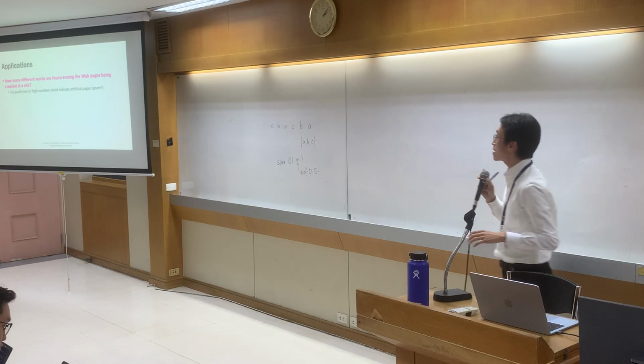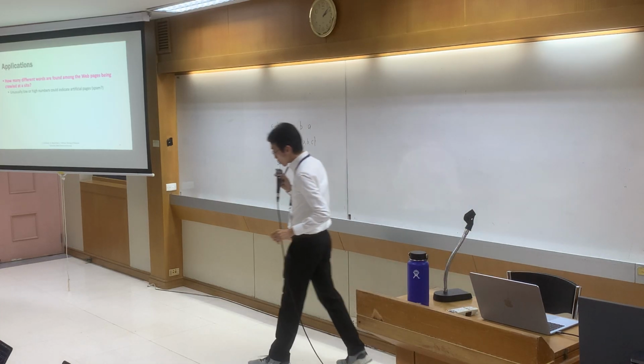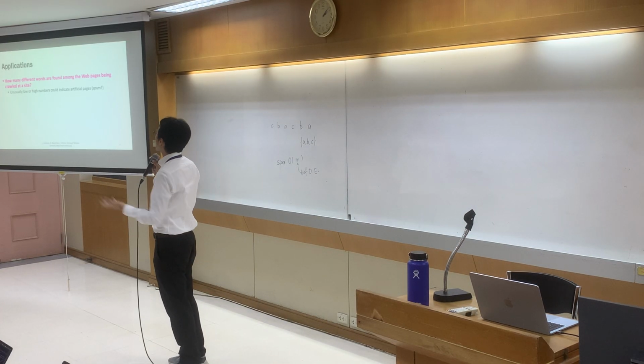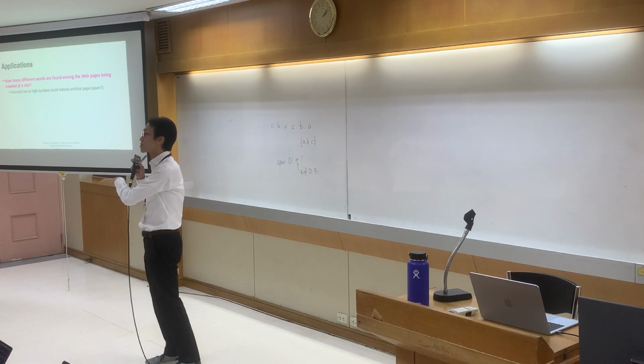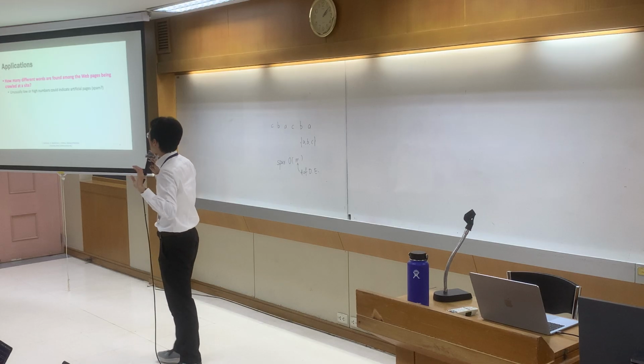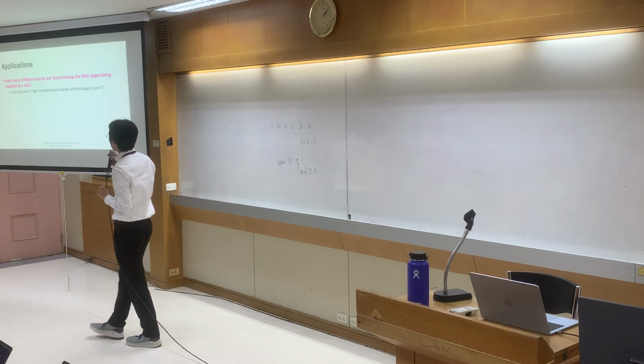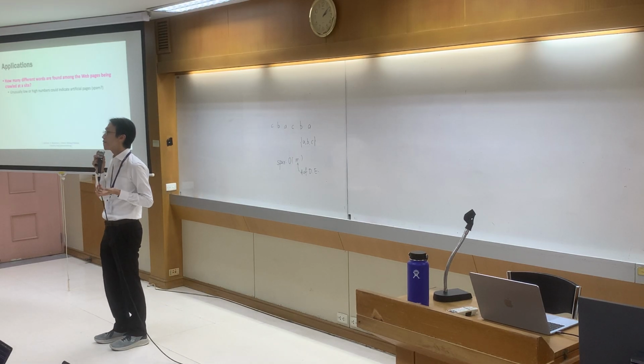In terms of application, maybe you could be tracking web pages. You're crawling a website, looking at many of them at the same time, and you want to find how many different words you have.